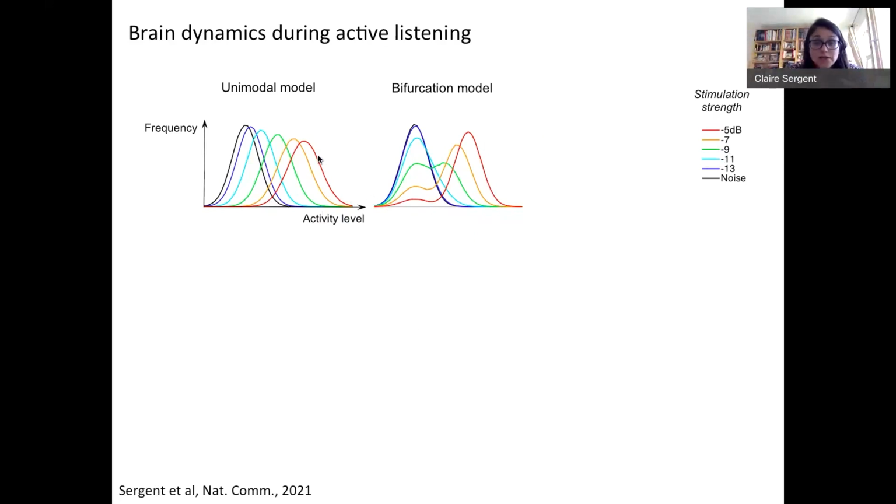We can actually draw the distribution of responses across trials that we obtain in this late period of activity for our different subjects. And this is what we observe for one particular subject.